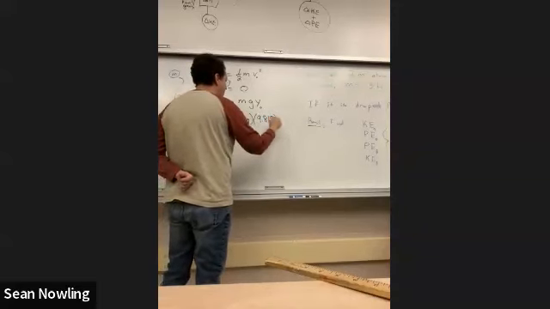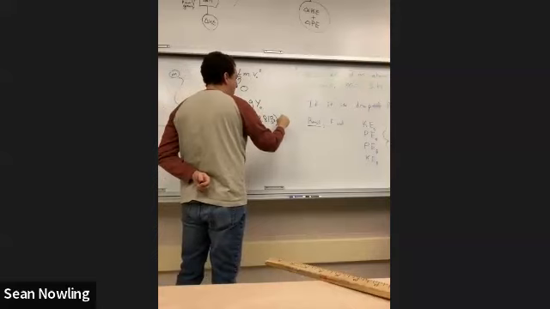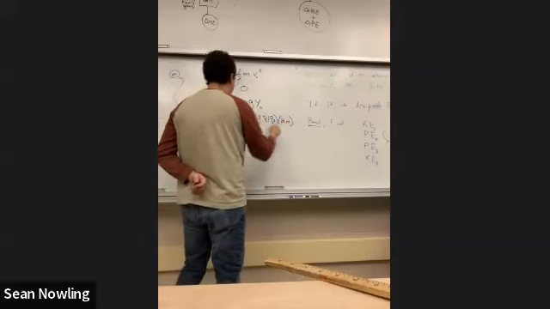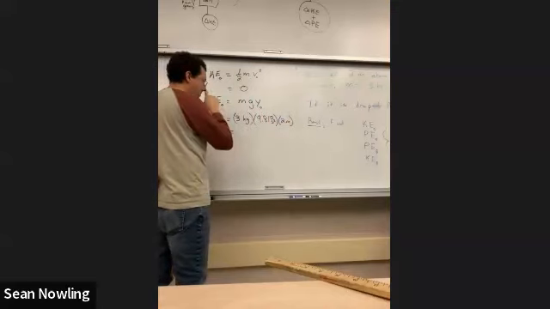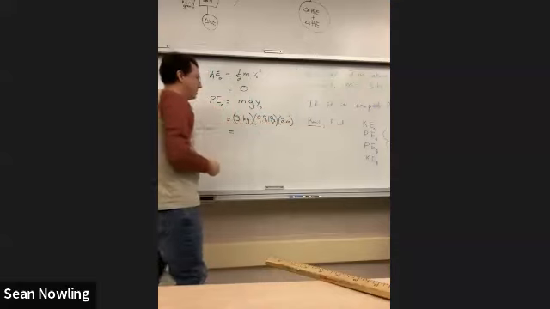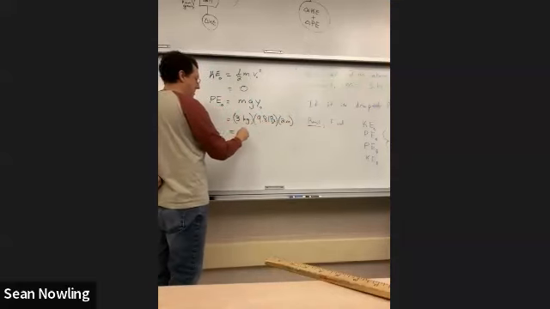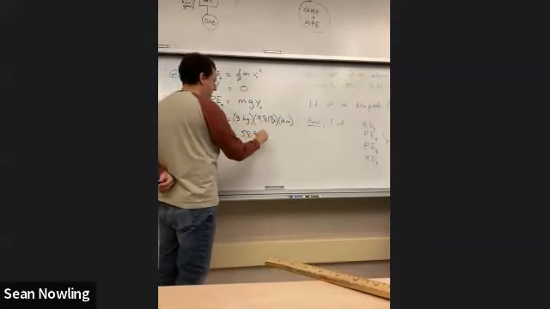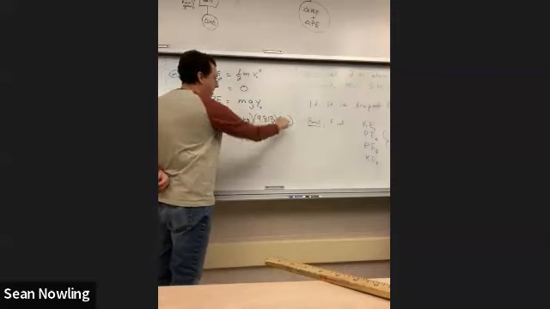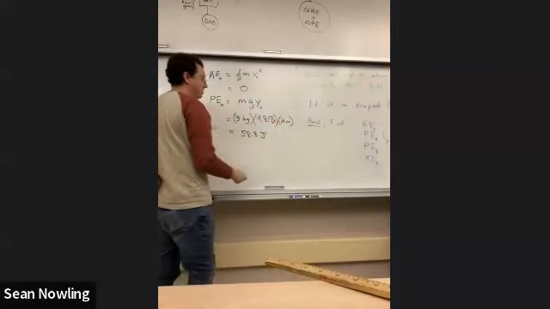Per second squared. And then the height, y initial, was 2 meters. So 6 times about 10 is a little less than 60. What do you get? 58.8 joules.